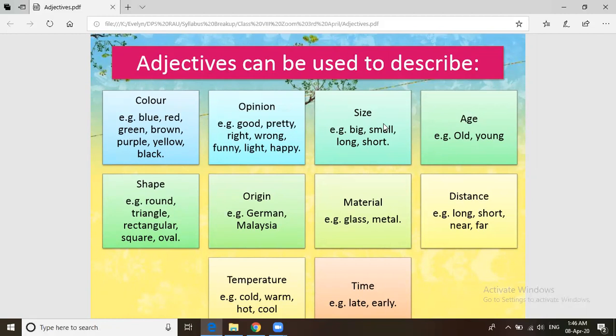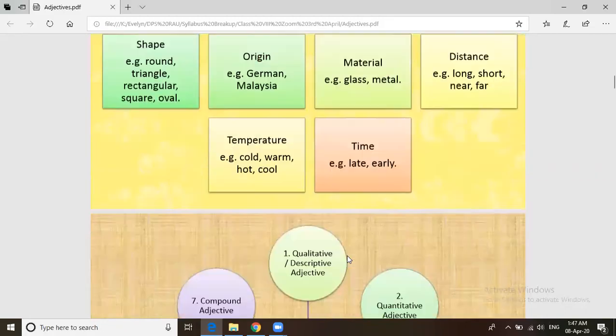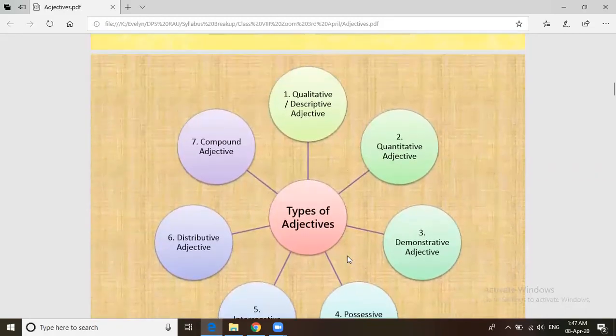You see all these adjectives: size can be described using these adjectives, opinion using these, colors using these, shapes using these. This is not an exhaustive list, by the way. So many things you can express, and adjectives are used to describe.